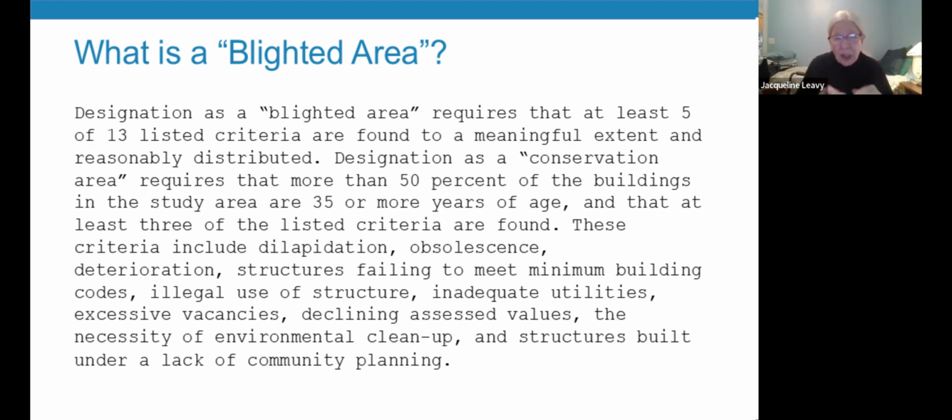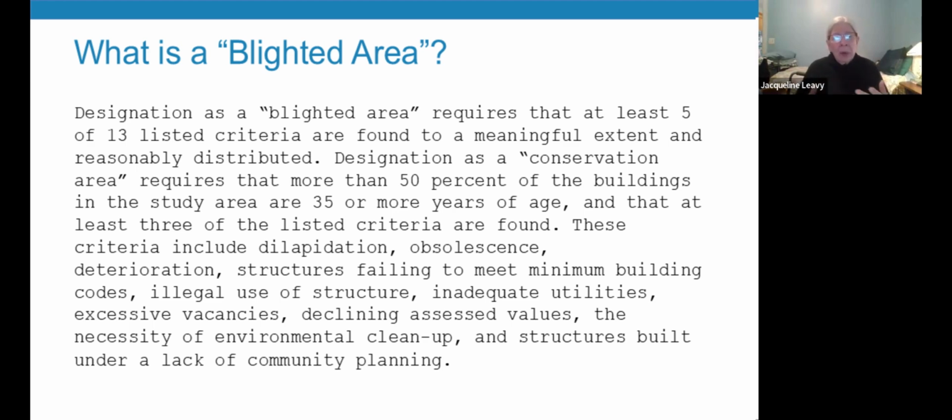So we want to step in now and conserve it. And conservation TIF districts have fewer criteria they have to meet, and they don't have to be in as severe a condition. So these conservation TIF districts are sort of massaging the whole original purpose of what an appropriate TIF district should be.